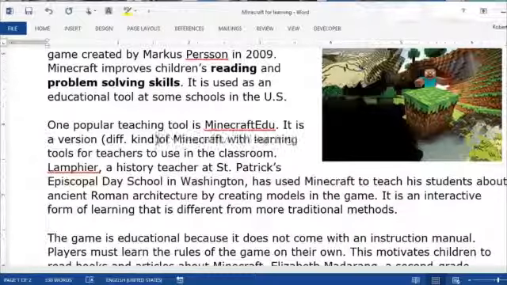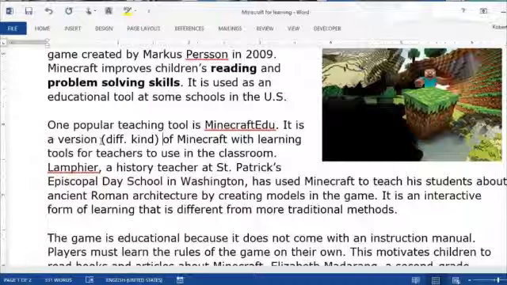So let's think of an example. The Samsung Galaxy, that's a very popular smartphone. Now they have different kinds or different versions of that phone. For example, they have the Galaxy Note, they have the Galaxy S4, they have the Galaxy S5.